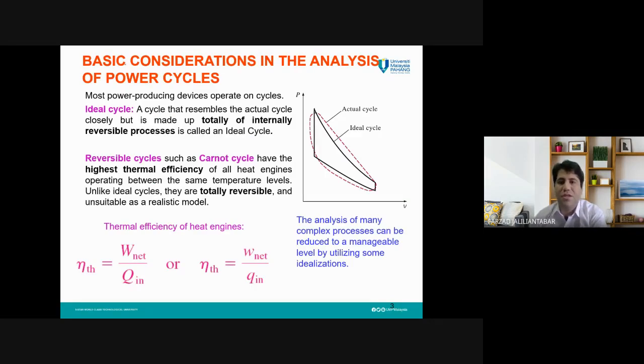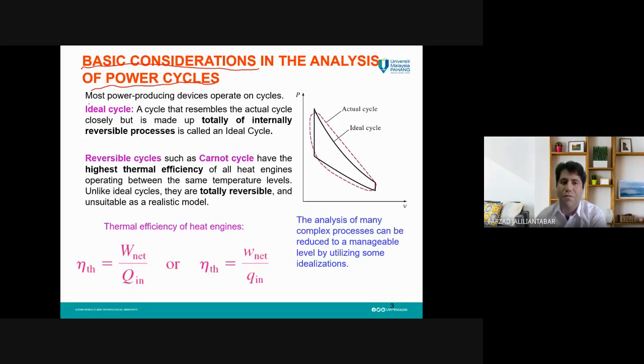First, let's see what we mean by a cycle in thermodynamics and in our calculation. So we start with the basic consideration of the analysis of power cycles. As I said, in this chapter we will discuss gas power cycles and generally one type of cycle. Why?